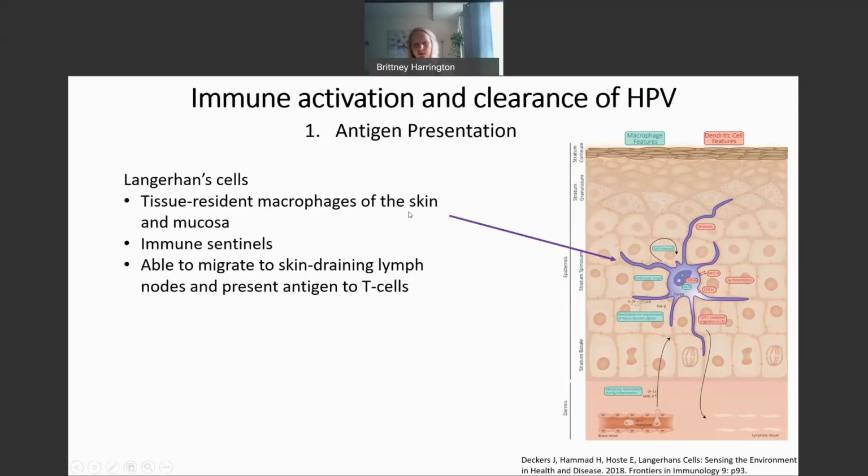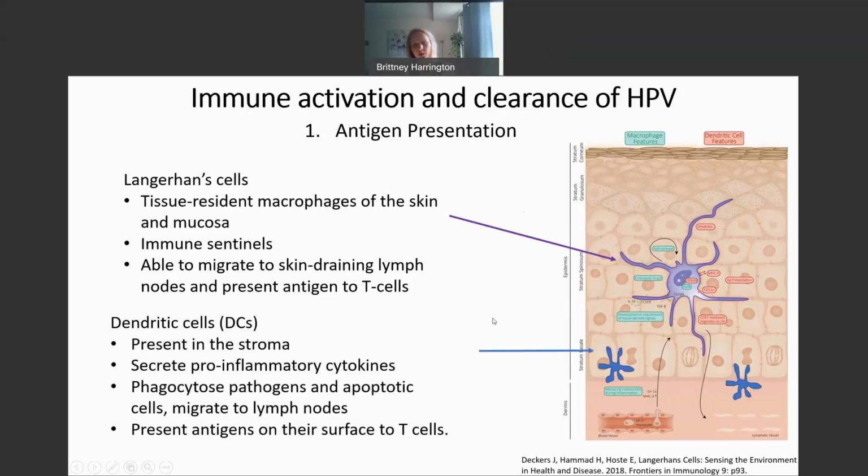So they're continuously sampling their microenvironment to look for antigens, and if they detect antigen, then they leave their tissue to present antigen in the lymph nodes to activate T cells.